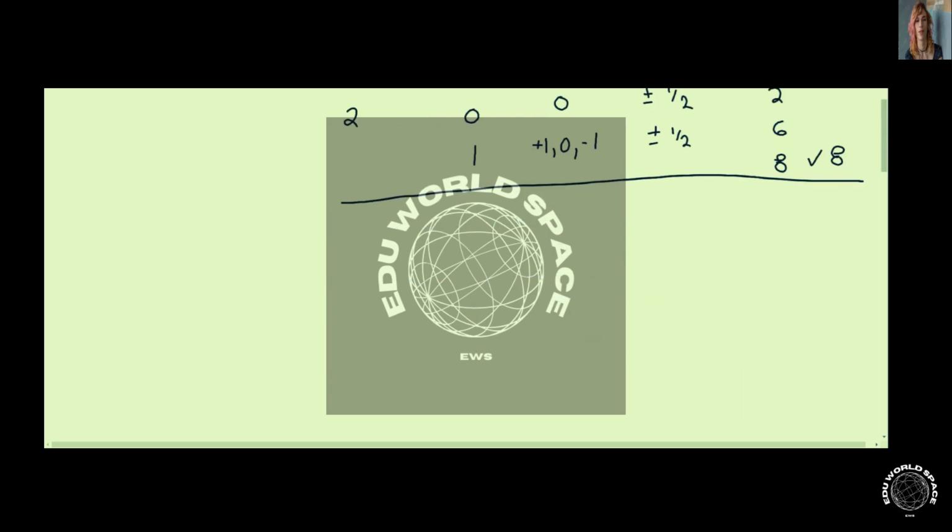With n equals 3, L can be 0, 1, and 2. We'll keep everything we had before, but add one more L state.